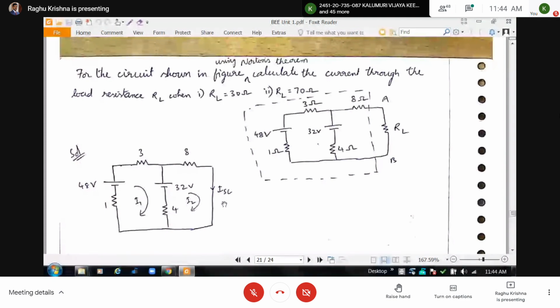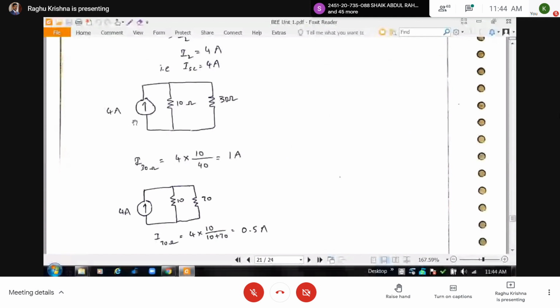So 4 amperes is the Norton's current, and 10 ohms is the Norton's resistance, which is equal to Thevenin's resistance. And if RL equal to 30 ohms, I got the current flowing through RL as 1 ampere.